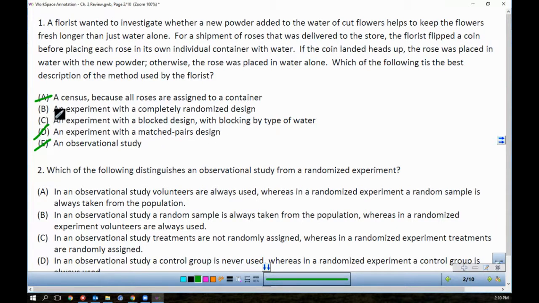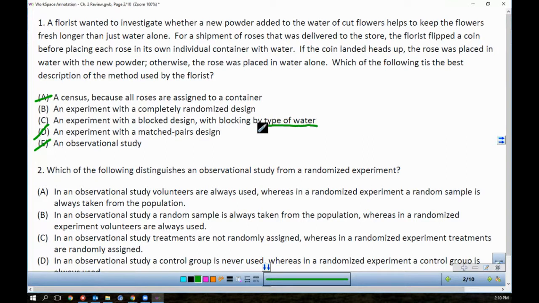So let's look at C first. It says an experiment with a block design with blocking by type of water. Could type of water be considered a confounding variable? No, why not? It's the treatment.